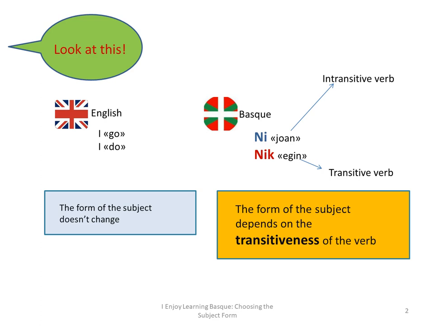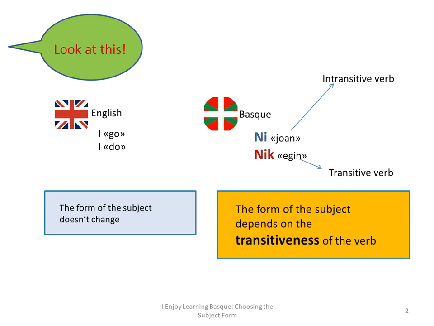So it's ni joan. But if we want to use the verb egin, do or make, we have to say nik. So it depends on the verb that we are using which form of the subject we have to use. If the verb is intransitive, as in joan, we use ni, the form NOR of the subject.